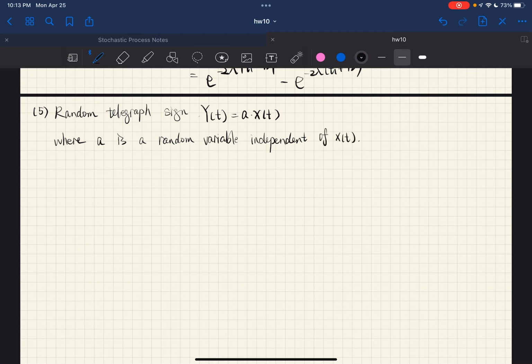And since A can only take a value of 1 and minus 1, we have the probability of A equals 1 equals the probability of A equals minus 1 equals 0.5. And X(t) here is the semi-random telegraph signal.